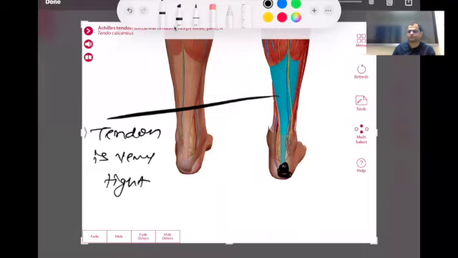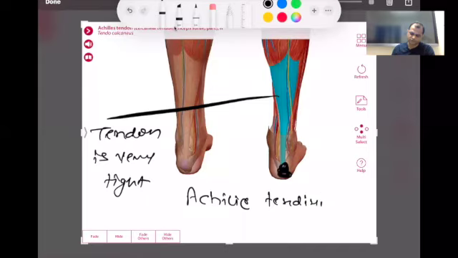We have already discussed yesterday. So this is called Achilles tendinitis. The inflammation of the Achilles tendon.